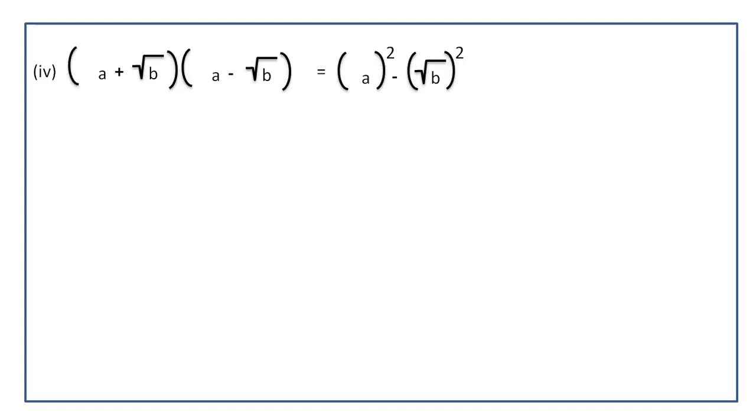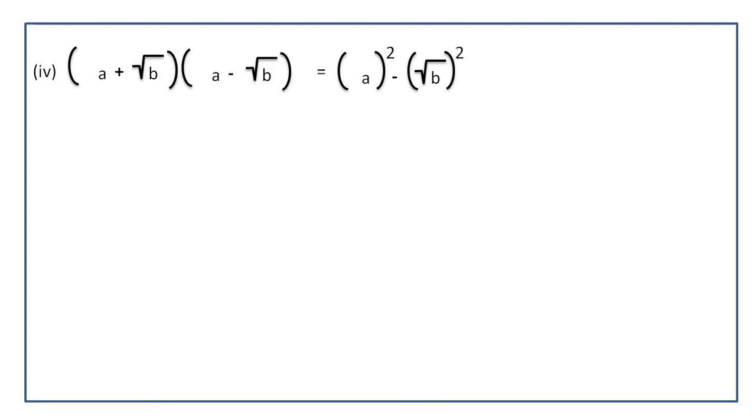Now we see the fourth formula, that is A plus square root B into A minus square root B is equal to A square minus square root B whole square. Using the algebraic identity of a plus b into a minus b is equal to a square minus b square.